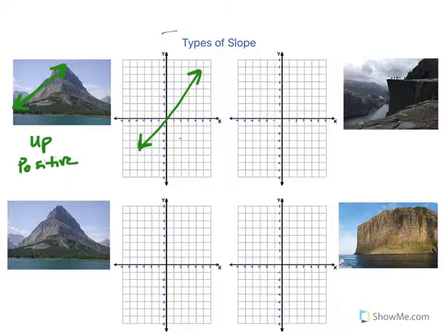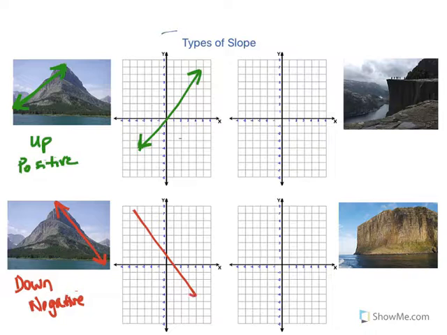If I have a line that goes down like this, we call this a negative slope. And it will go down like this on the graph. So making the connection, if we go up the mountain, the line has a positive slope. If we go down the mountain, the line has a negative slope.